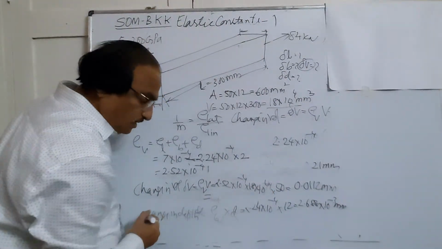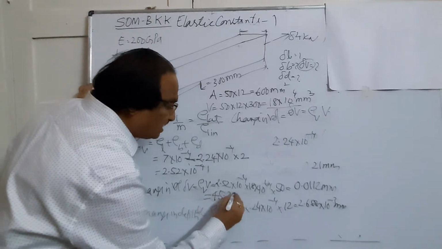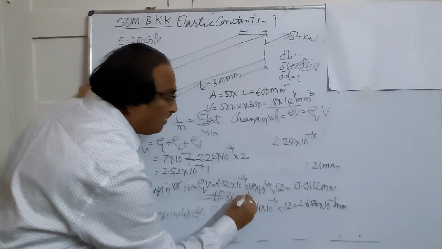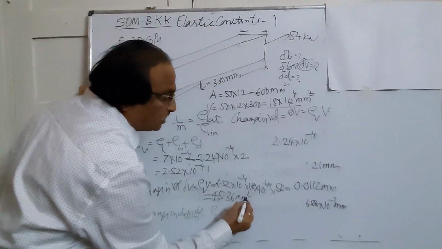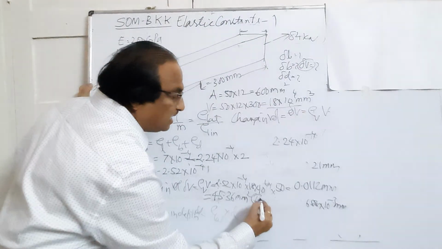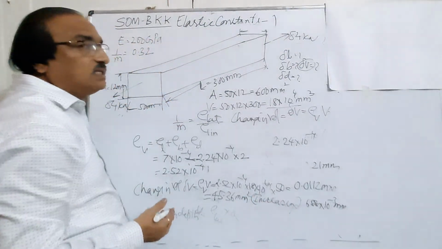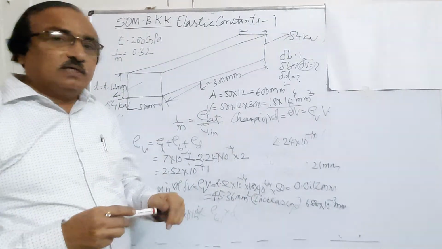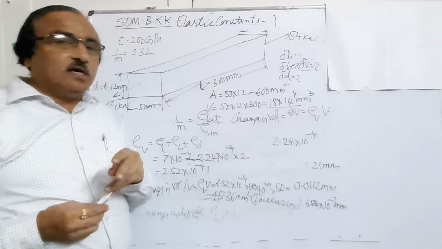If you simplify this, you get the change in volume as 45.36 mm cube. The value is positive, that means the volume is increasing. There is an increase in the volume. So this is the type of problem we will be getting when the bar is subjected to a single load.